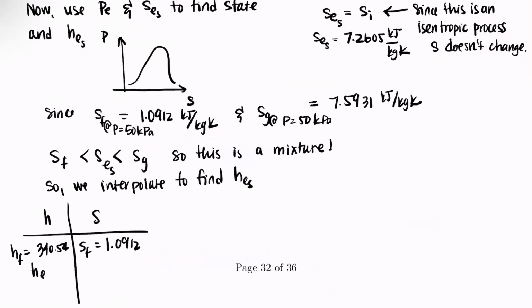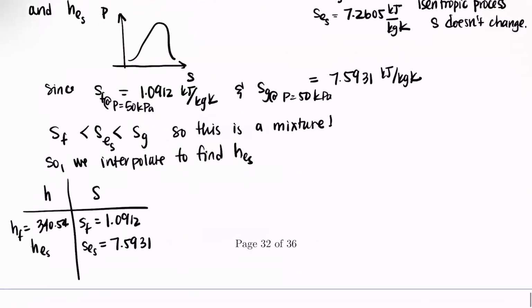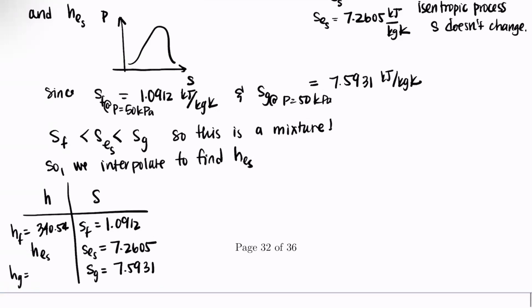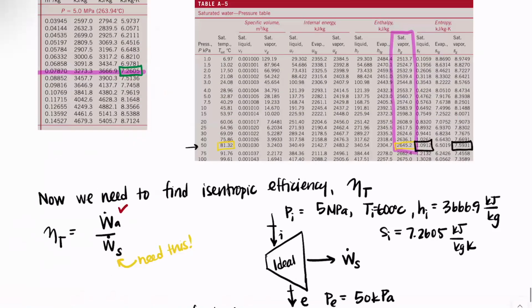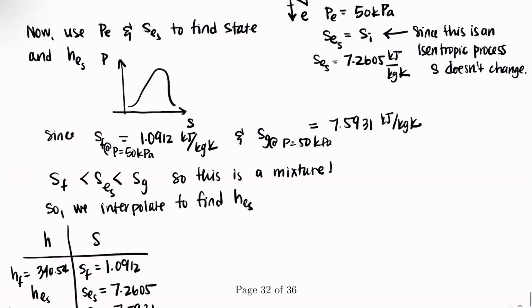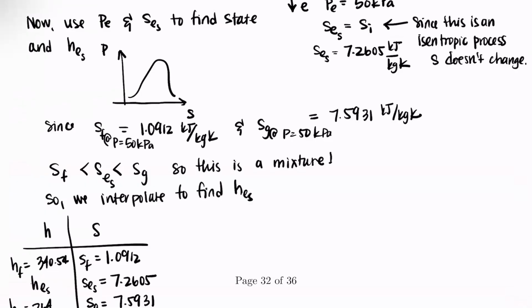Then we have HES, that's what we're trying to find, and SES is equal to 7.2605. And then this is SG, and HG is 2645.2. Then we just interpolate this to find HES.